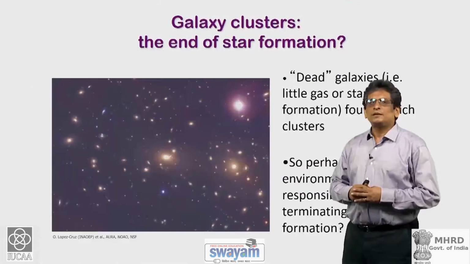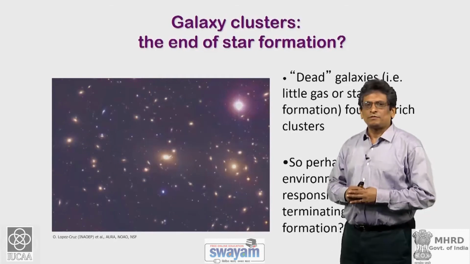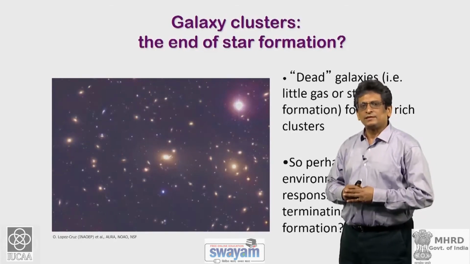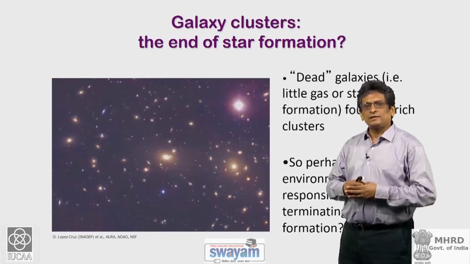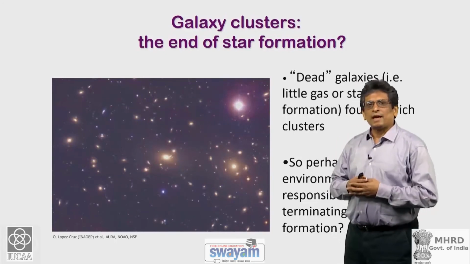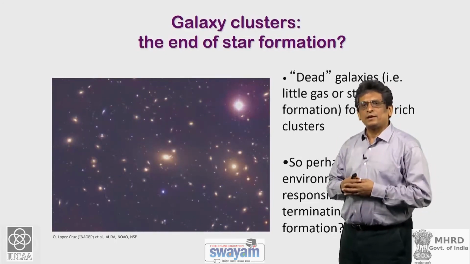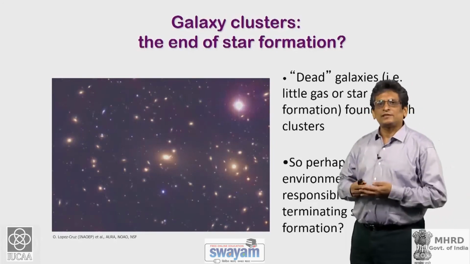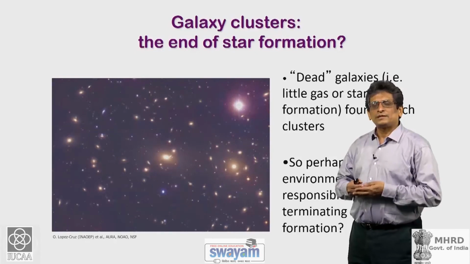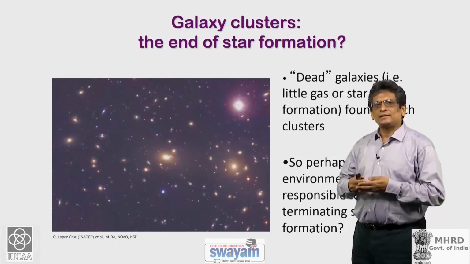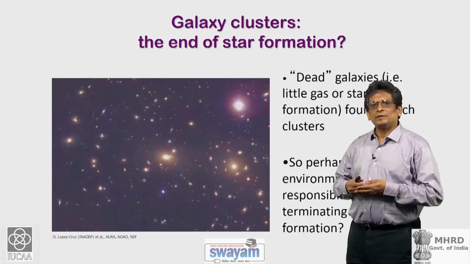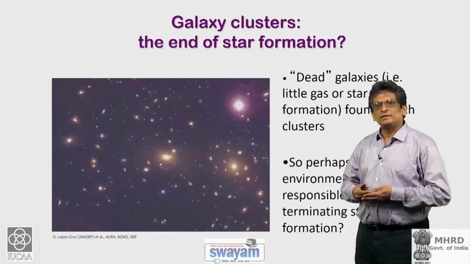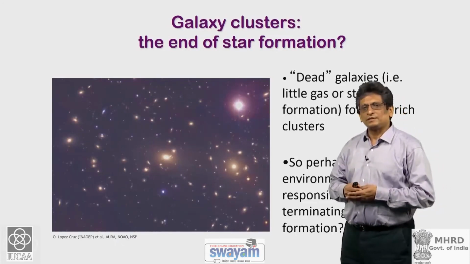In clusters, we find an abundance of early type galaxies, galaxies that are spherical or elliptical, and they're red and they have very little star formation. These dead galaxies have also very little gas or dust, and clearly a transformational process has happened as the galaxies have been assimilated into these clusters and also undergone this transformation.